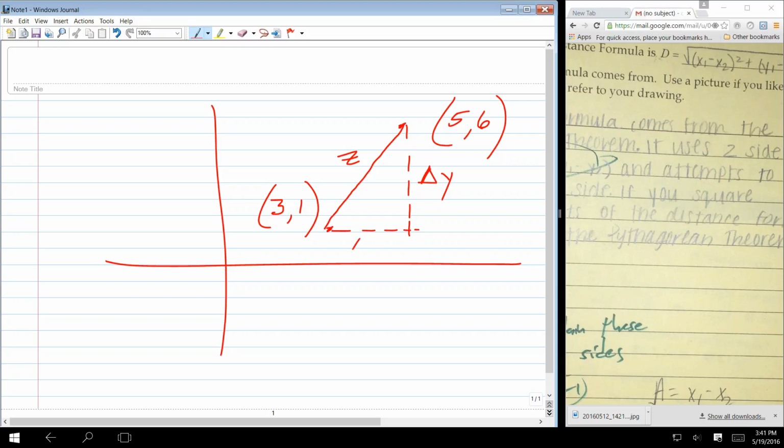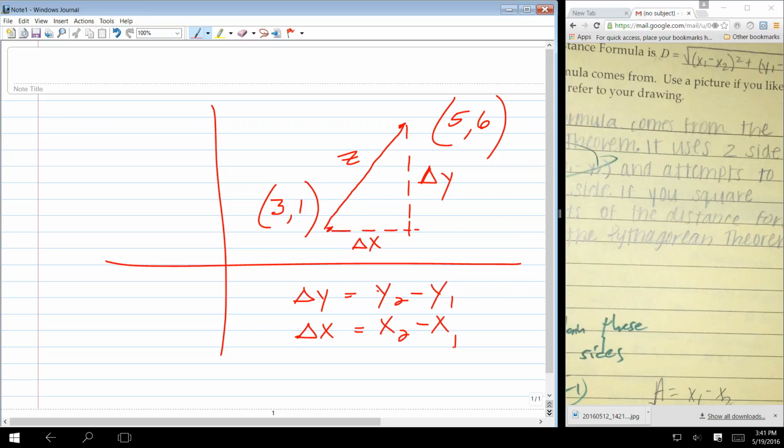Okay, this would be delta x. What is delta y? Delta y is the bigger coordinate minus the smaller coordinate. What is delta x? It's the bigger coordinate minus the smaller coordinate.